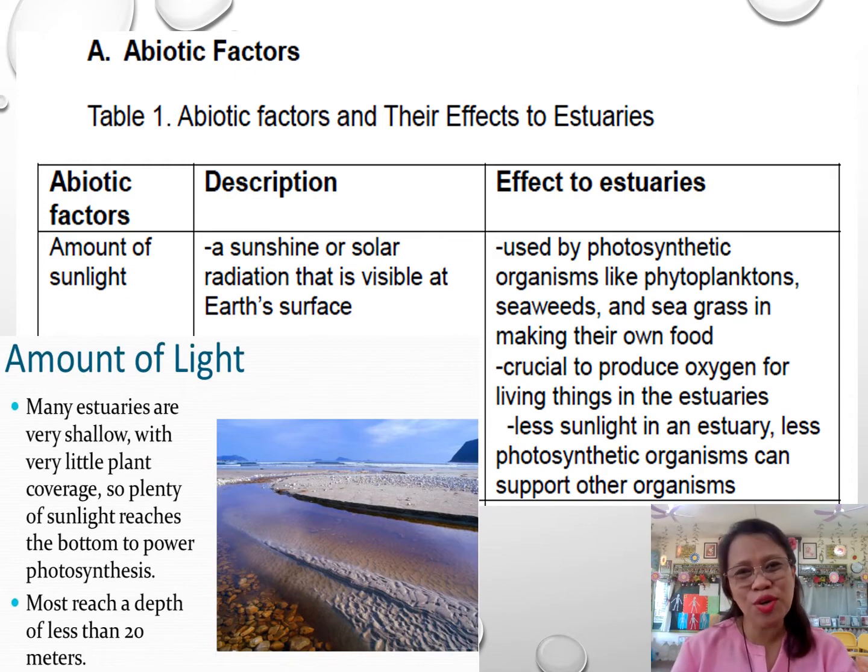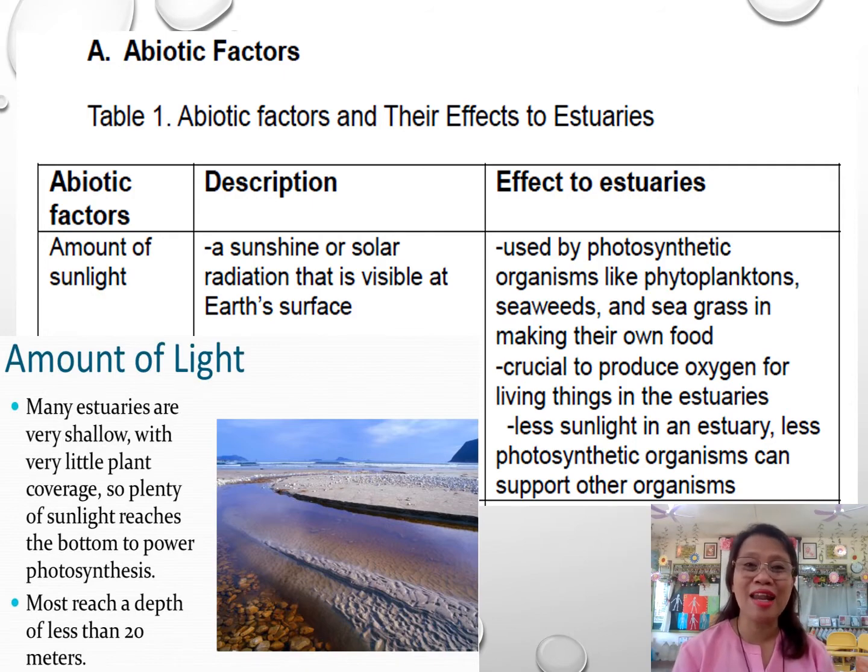That is why, as you notice, class, sa dagat, ang mga seaweeds naa ra sa daplin. Because the amount of sunlight can penetrate. Makaabot pa man sila ngadto. Pero ngadto na sa laom, wala nay mga seaweeds kaayo. In many estuaries, they are very shallow with very little plant coverage.